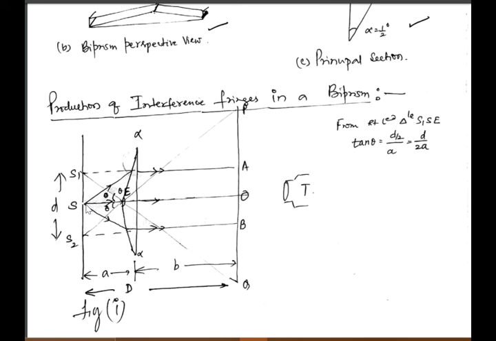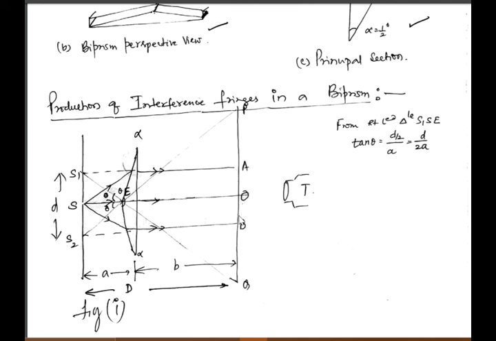It acts as a primary source, and the rays of light are rendered parallel after refraction through the biprism, and these refracted rays give rise to two virtual images S1 and S2 in the same plane as the original slit S. So thus S gives rise to two virtual images S1 and S2, which act as two virtual coherent sources. Let d be the separation between the two virtual images S1 and S2, and all these angles are marked here. Theta is the angle, and here O is the midpoint on the screen.